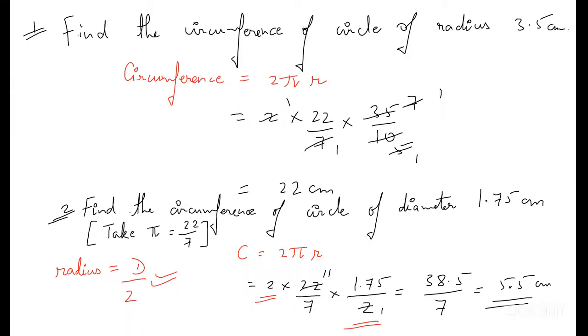Next up, we have the area of a circle. Ma'am, area of a circle is pi r square. Yes, Cedric, that is right.